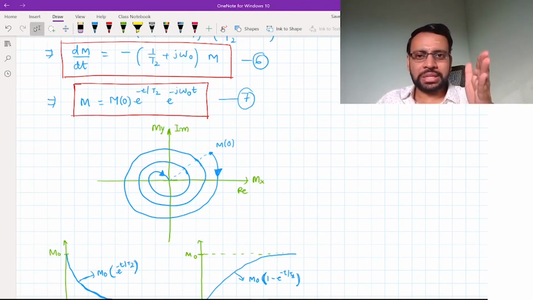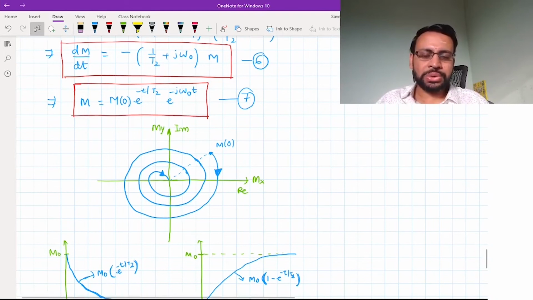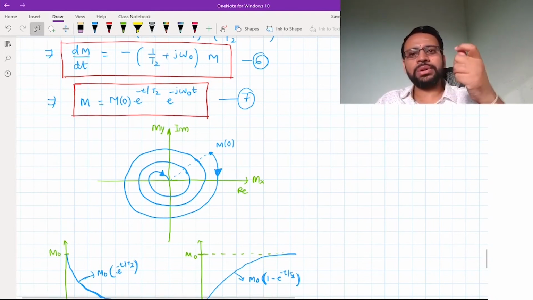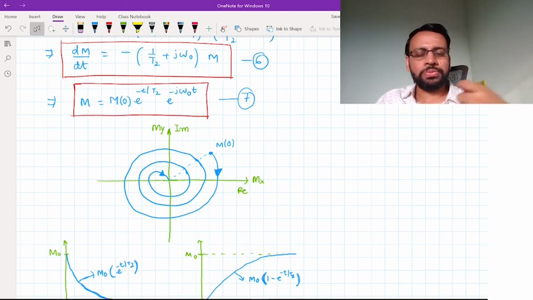Please refer, if it is not very clear to you, to the earlier video where we discussed complex number analysis, on how you represent a function like this which is rotating. We studied that if your complex number is rotating in the xy plane at omega naught radians per second and is decaying, how to write the expression for it.